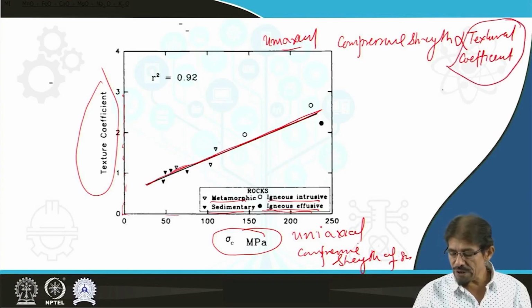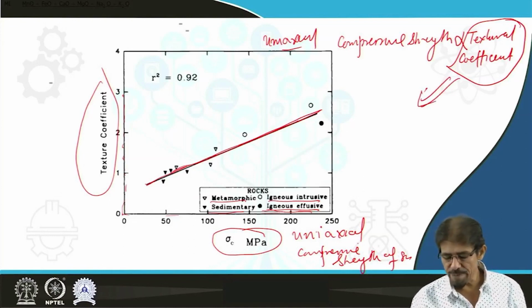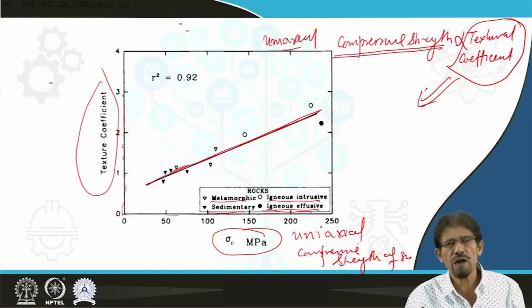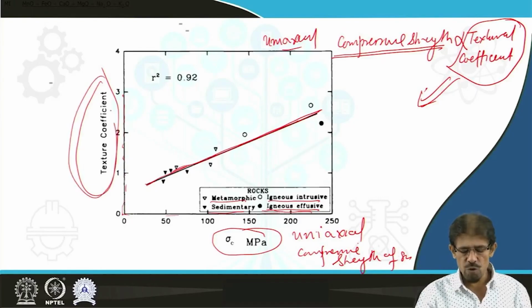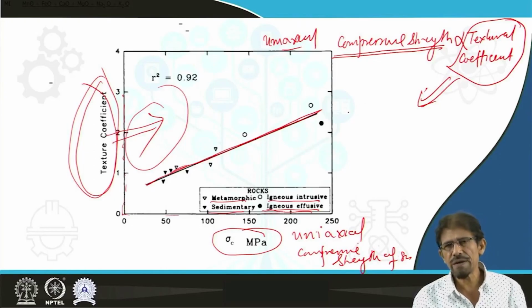It means this textural coefficient we can utilize as a very important parameter for estimation of the mechanical response or strength response of rock strata. This textural coefficient we can also utilize as a tool for characterizing the weatherability of rocks.